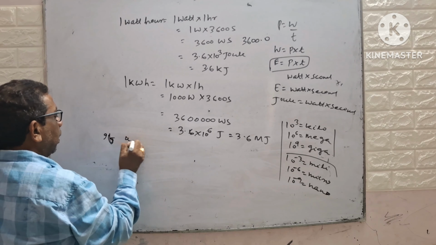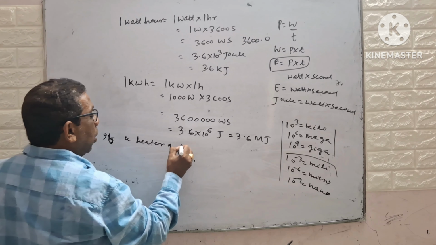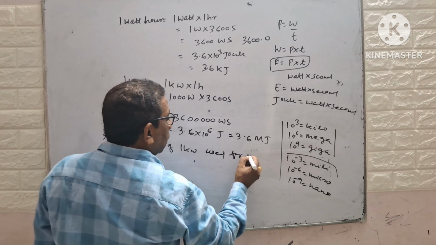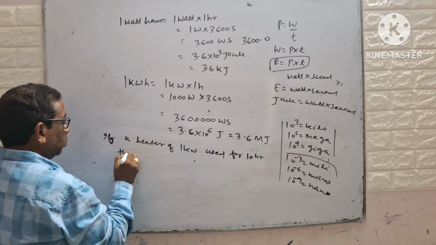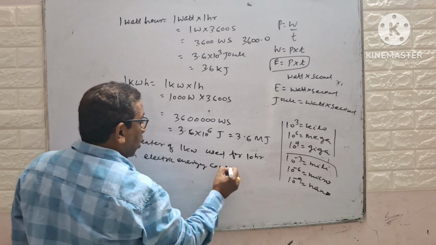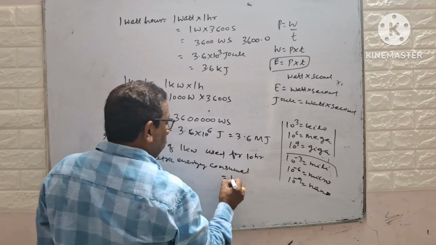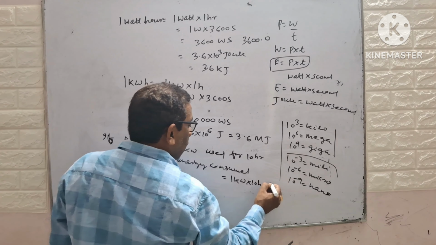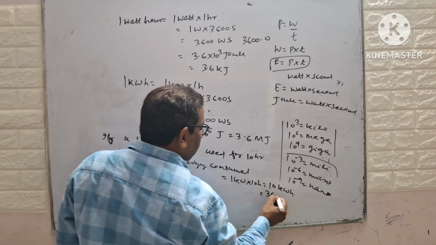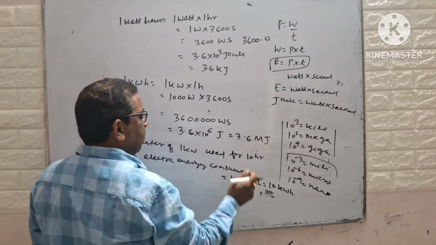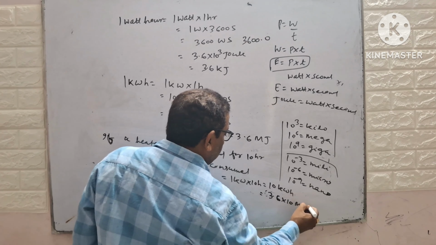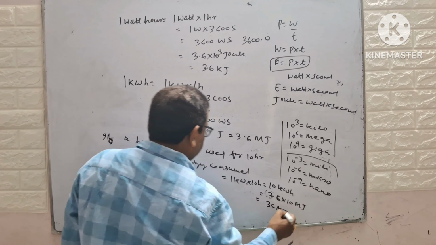Let us suppose a heater of 1 kilowatt is used for 10 hours, then the electric energy consumed is equal to 1 kilowatt into 10 hour, 10 kilowatt hour. 1 kilowatt hour means 3.6 megajoule. 10 kilowatt hour means 3.6 into 10 megajoule, or 36 megajoule.